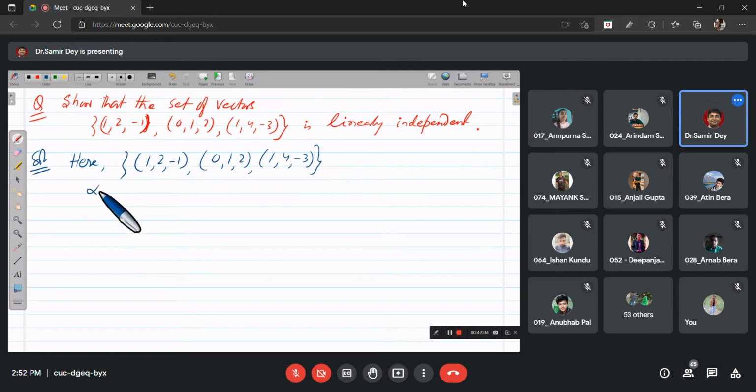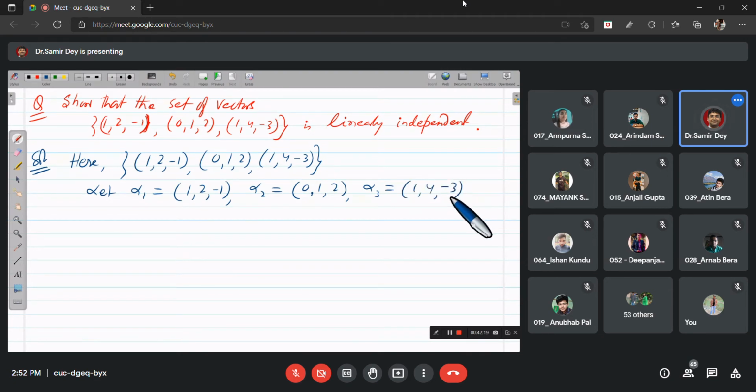Let alpha 1 equal (1, 2, -1), alpha 2 equal (0, 1, 2), alpha 3 equal (1, 4, -3). Clear? Yes, sir. Now, what is our objective?